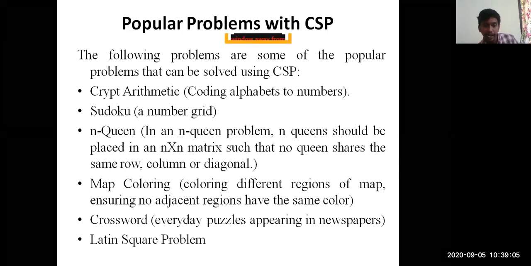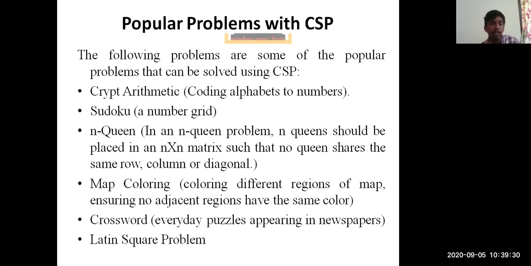Also the Latin square problem is a grid problem which needs puzzle solving type of thinking. So these are some of the applications of your constraint satisfaction problem. Keep this in your mind, guys. In examinations, for short answer questions, you can expect questions such as: what are the applications of your constraint satisfaction problem?